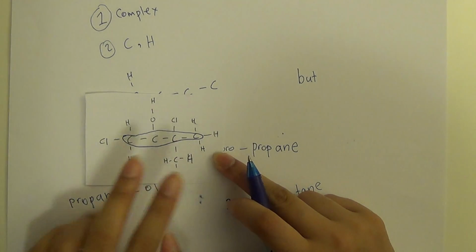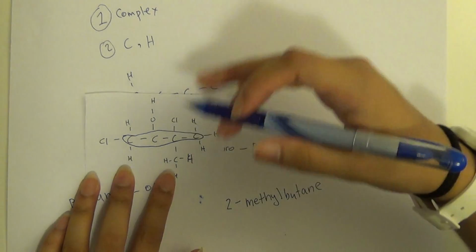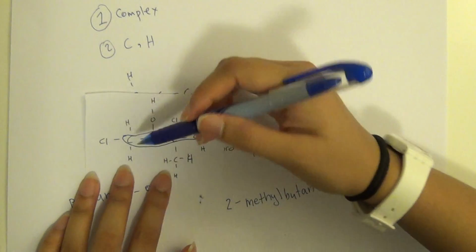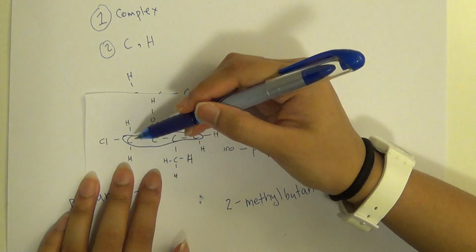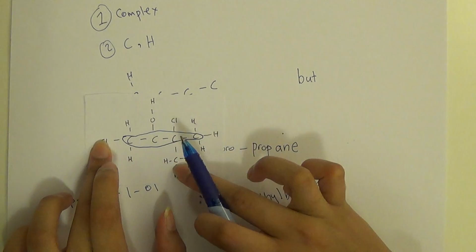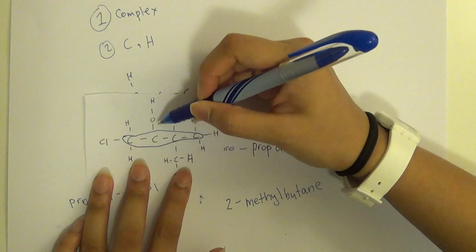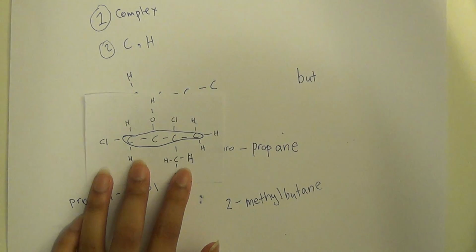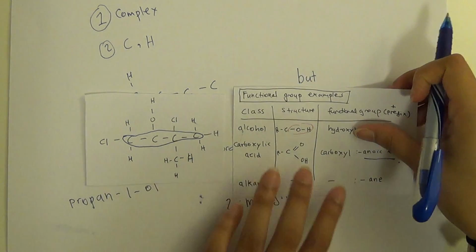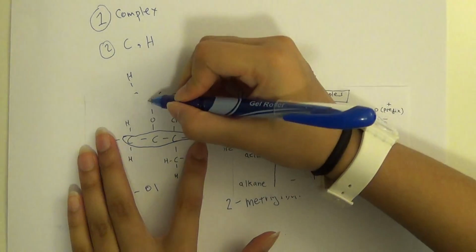Now the second step is to see whether there are functional groups. Let's look for anything that's not the carbon single bond or the carbon to hydrogen single bond. We'll find these are the side groups, remember the methyl and the halogens. But other than that, we have an O bonded to an H. And if we look back at our chart here, an O bonded to an H makes this an alcohol.